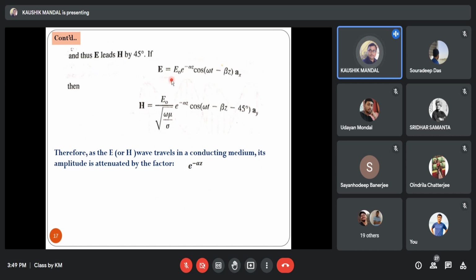As we are considering the wave in a particular medium, a good conductor, where alpha is not equal to 0, what will be the equation of electric field? That will be E0 e to the power minus alpha z cos(omega t minus beta z) ax. As we have found that the electric field leads the magnetic field by 45 degrees, what will be the equation of H? H becomes this one.